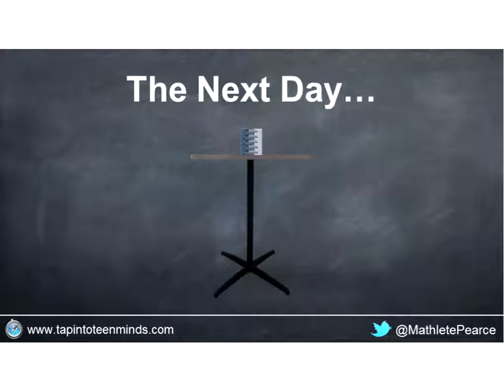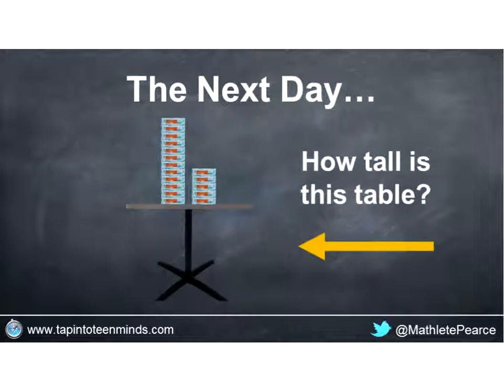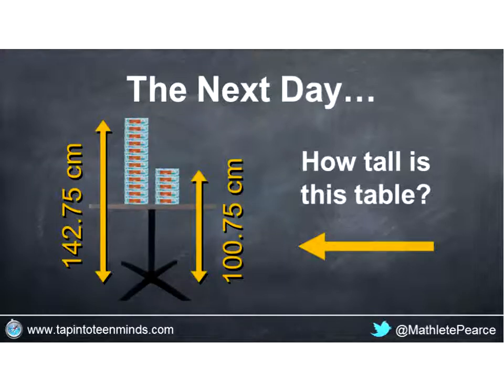The following day, what I would do is take this concept and change it up slightly to extend the concept. I'd now ask them, how tall is this particular table? And I would give them 2 heights. Again, we don't have time for it this evening, but just to give you some context as to where this question would go, this is giving students 2 points, and they would have to find the equation of the line.